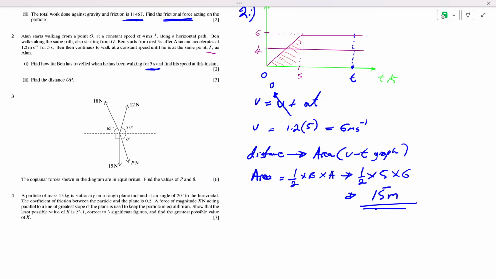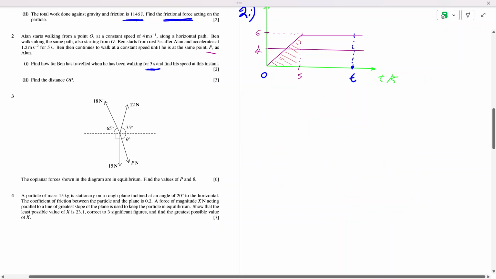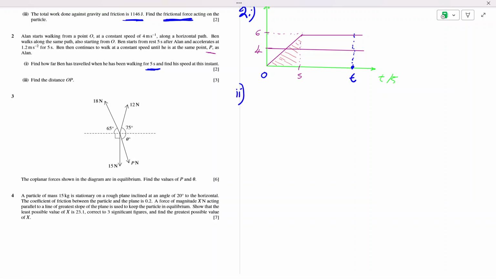So let's do it. I'm just going to clear space here. Okay. So part 2. We're saying SA and SB.